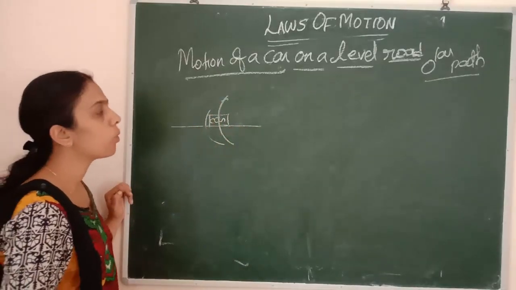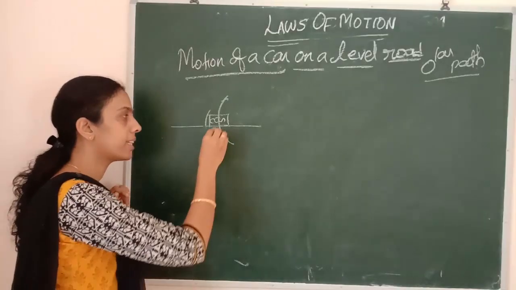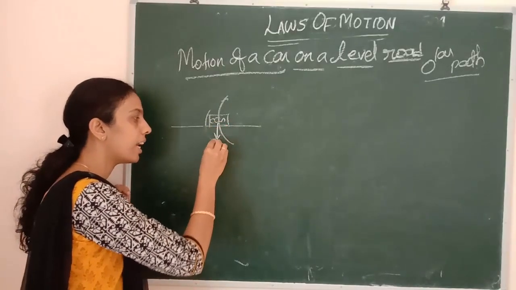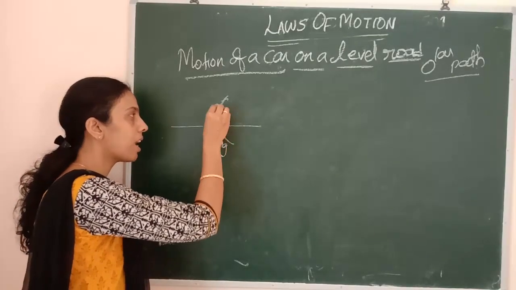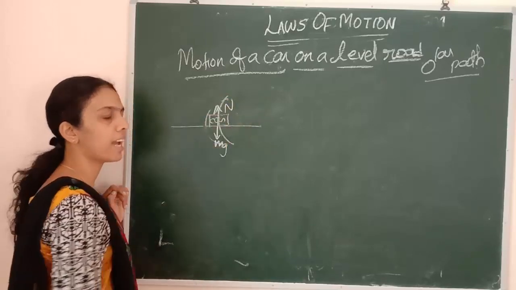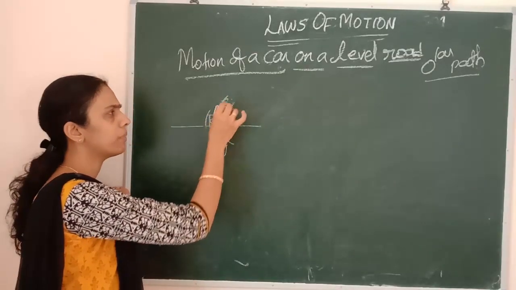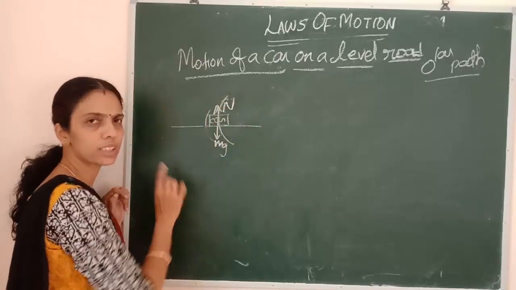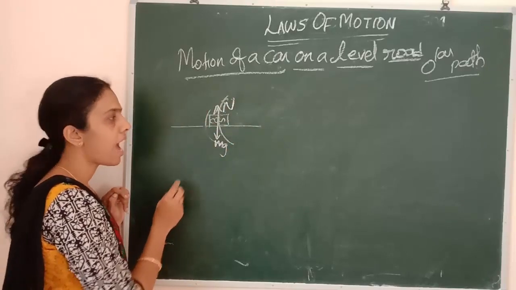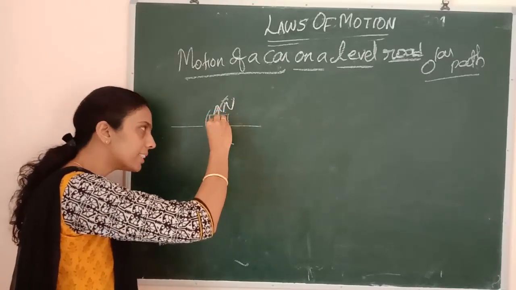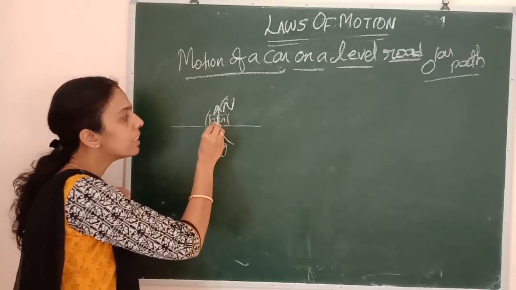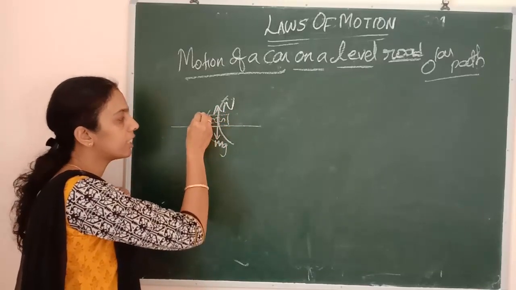Tell me what are the forces acting on it. mg is acting downwards. The normal reactional force is acting in the opposite direction, and while it is taking a circular path, friction will be acting in this direction.